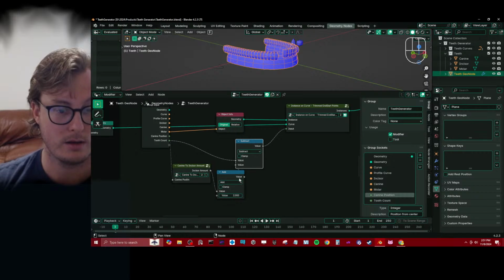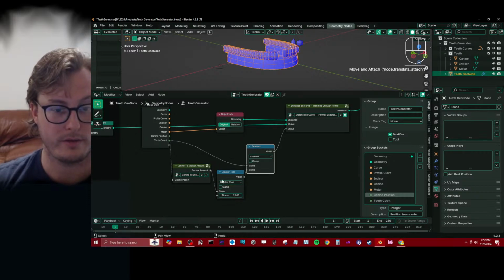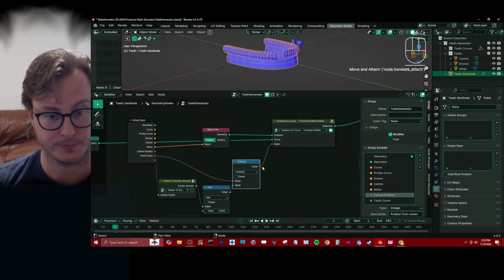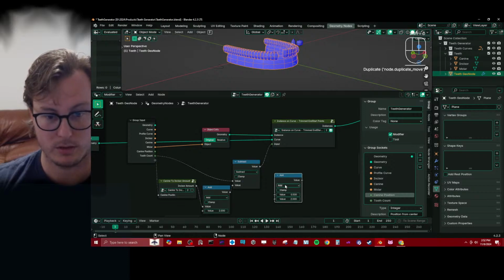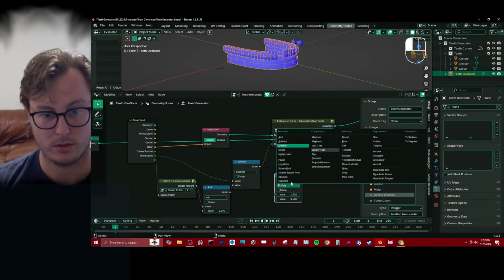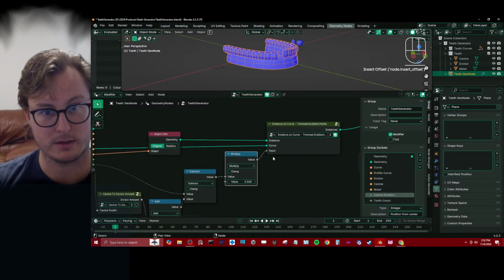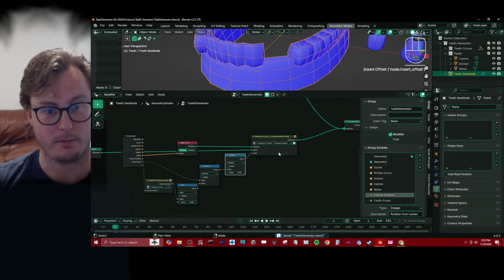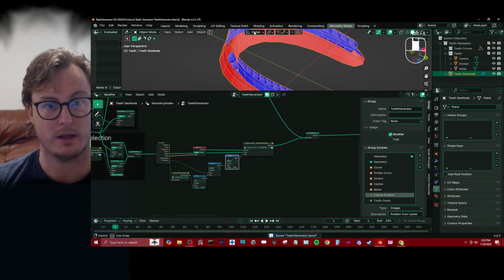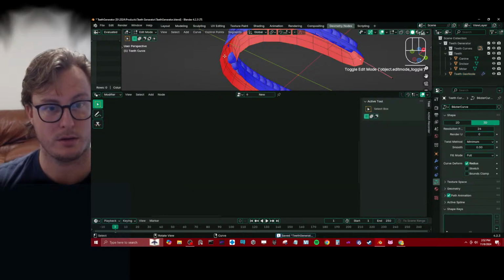Oh, and then divide by 2 because we have 2 curves. We need an instance of that. Okay, perfect. This should be a lot more robust now.